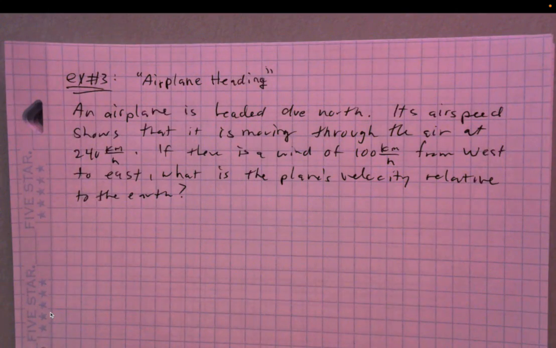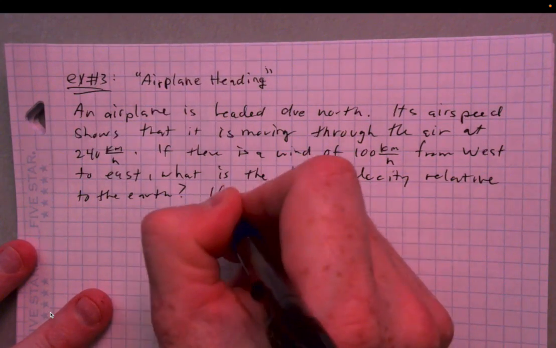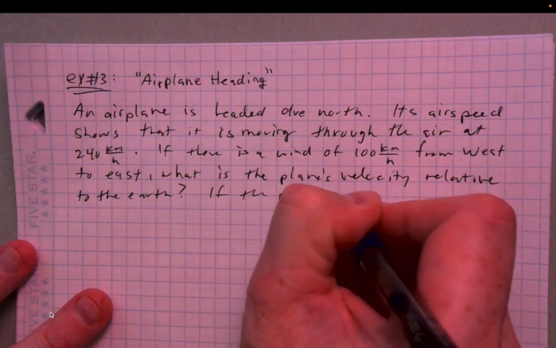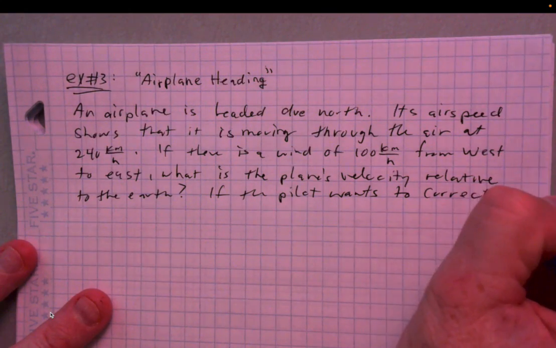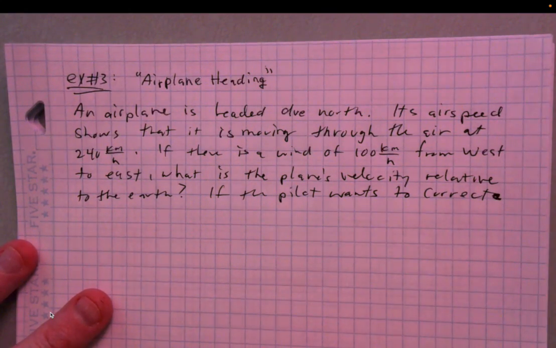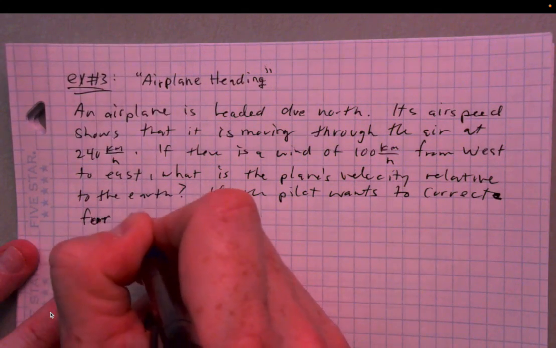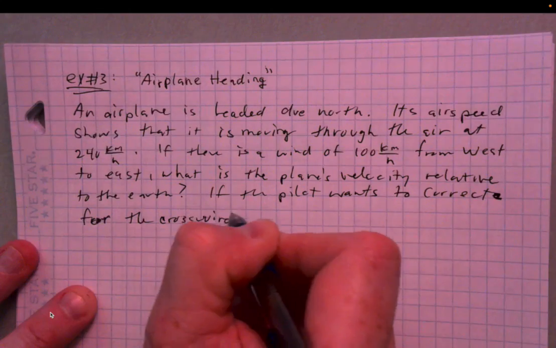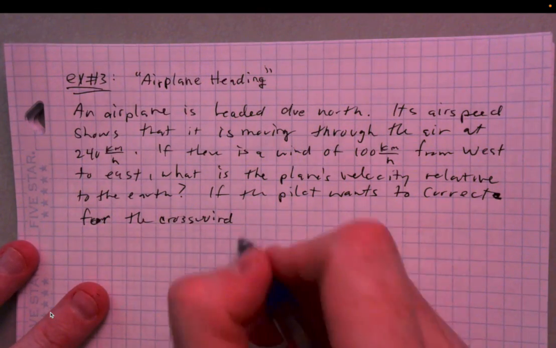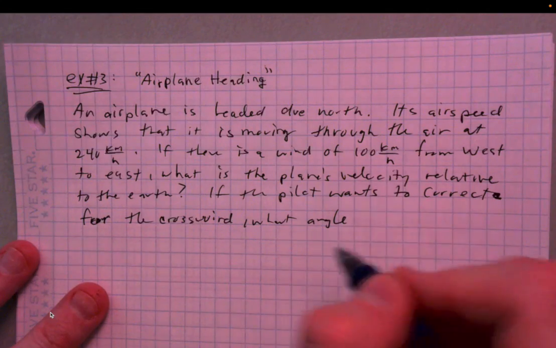Not relative to the air, relative to the Earth. Okay, and that's the first question. And the second question is, if the pilot wants to correct for the crosswind, what angle should he make with due north?